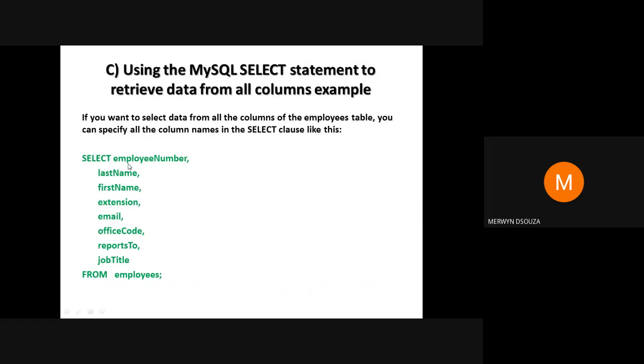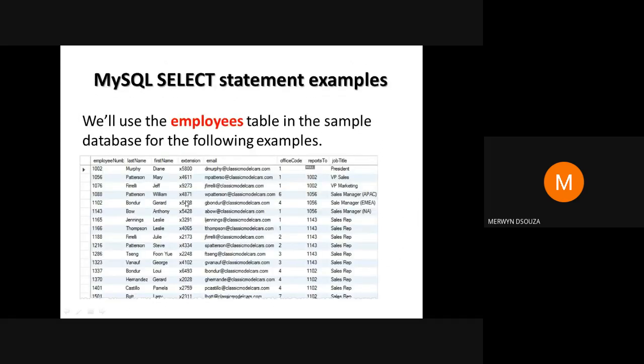The first column is employee number, comma, last name, comma, first name, comma, extension, comma, email, comma, office code, comma, reports to, comma, job title, from the table name employees. So this will give you the entire data that we had shown. The entire data from the table will be displayed to you because we have mentioned all the columns.